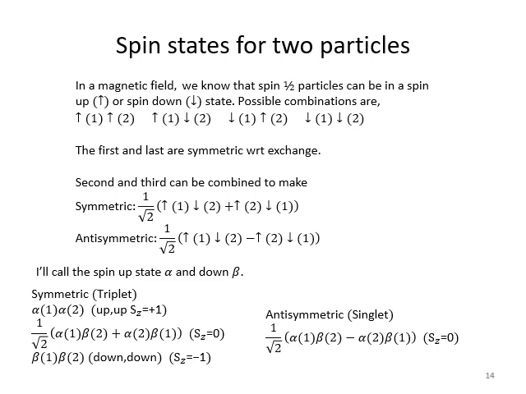We apply a magnetic field. We know spin 1/2 particles can be in a spin up or spin down state with respect to the axis of the magnetic field. And if we have two particles, we can put both particles into spin up, one up, one down, one down, one up, and both down, all right?